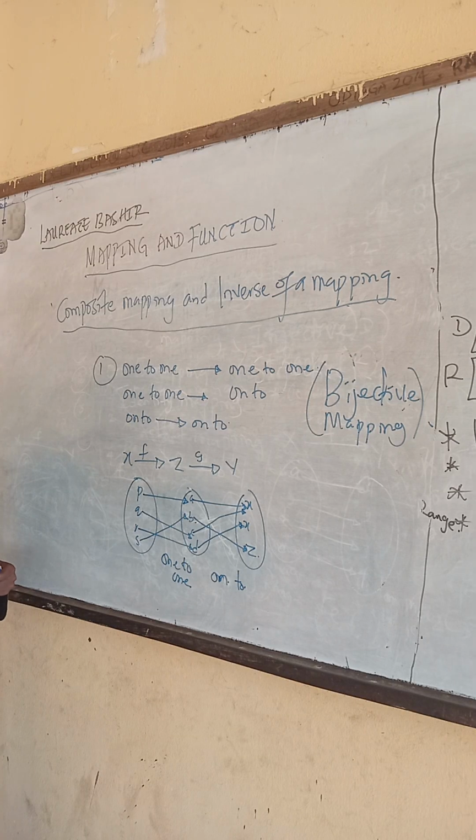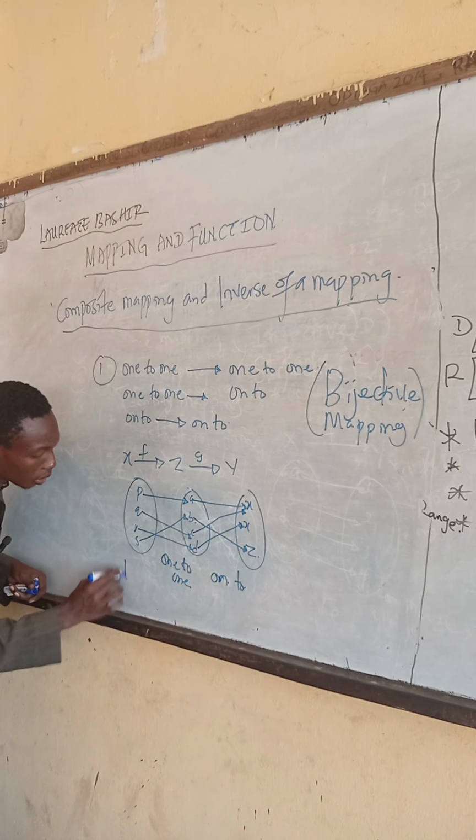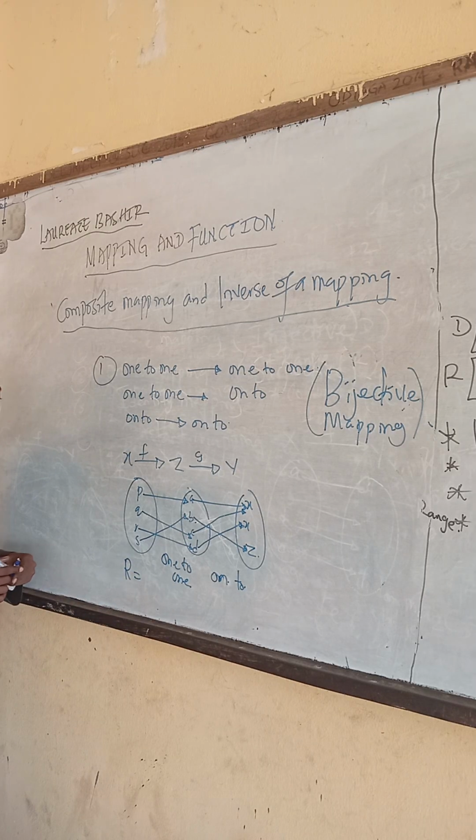Also, I forgot something when I was explaining the onto mapping. You see, in one-to-one mapping, most of the time the range is not always equal to the domain or the codomain. For example, look at this one now. What is the range here?